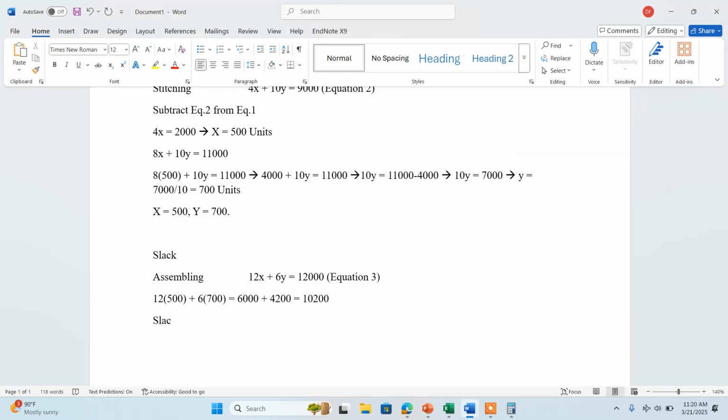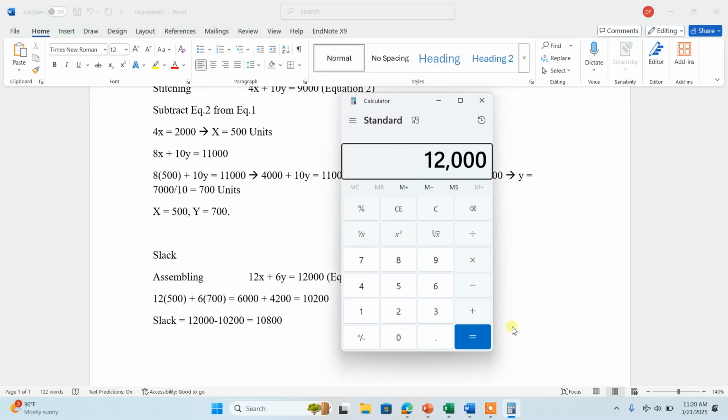You can now calculate the slack value. How many hours are available? 12,000 hours are available. And how much will I be consuming? 10,200, so 1,800 hours, that's why I checked it.